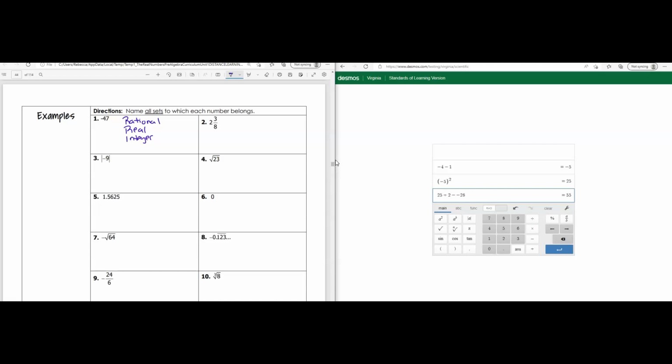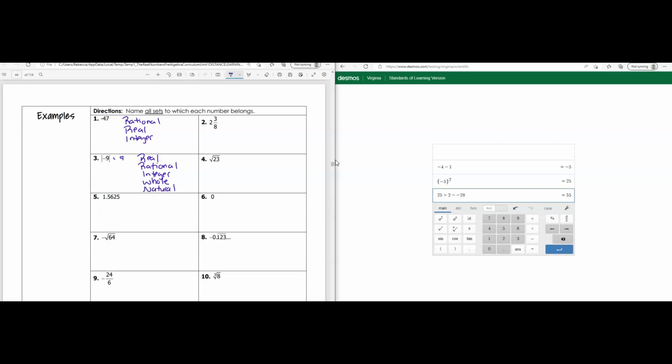Now you've got the absolute value of -9. Absolute value of -9 is 9. So 9 is a real number. It's a rational number. It's an integer. It's also a whole number, and it's also a natural number.